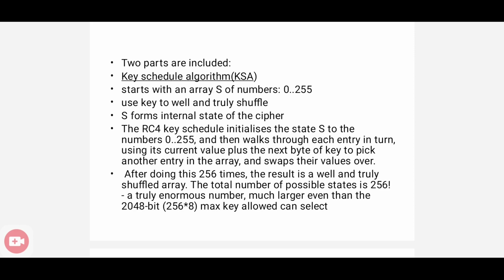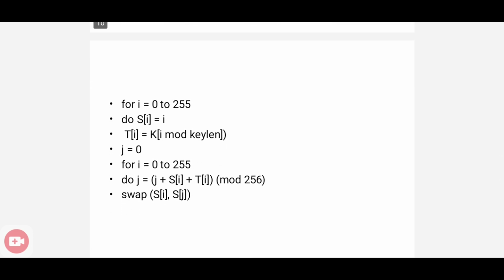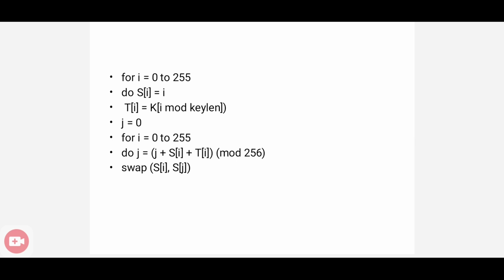In the key scheduling algorithm we make a loop from i equal to 0 to 255, and initialize S[i] to i.